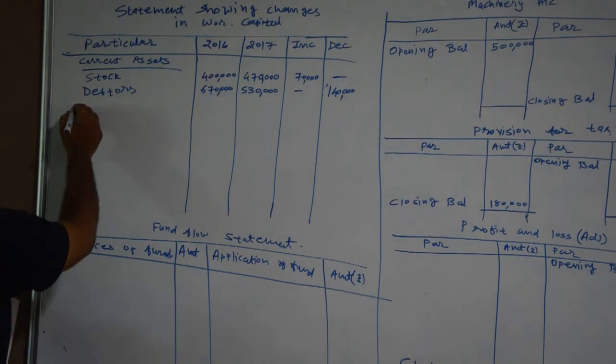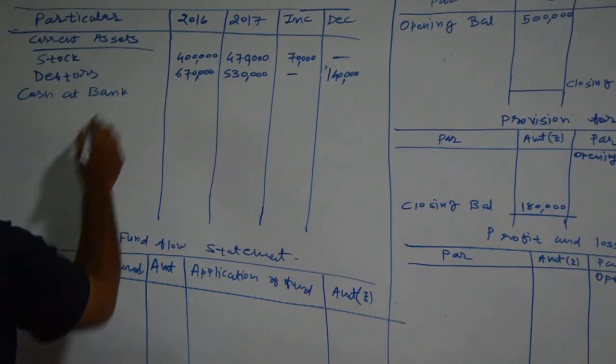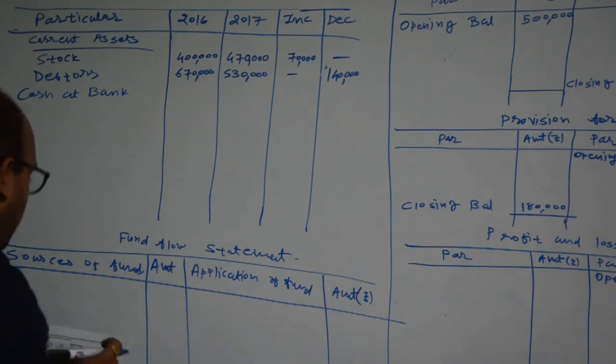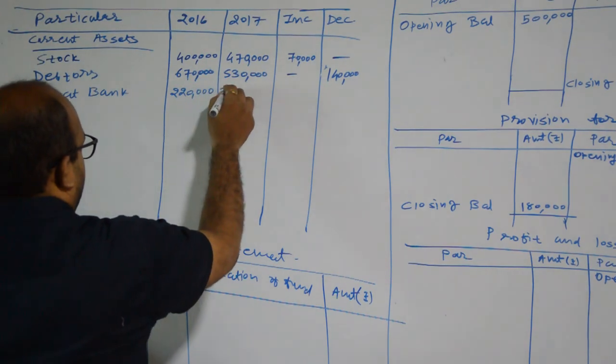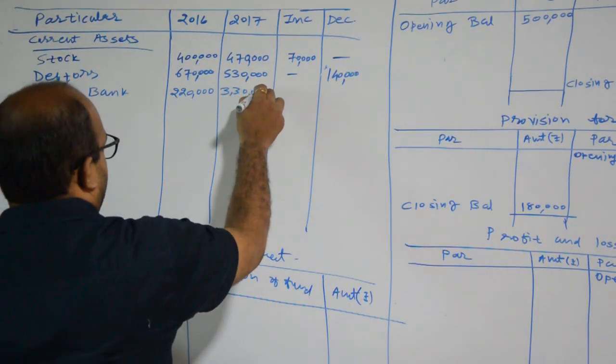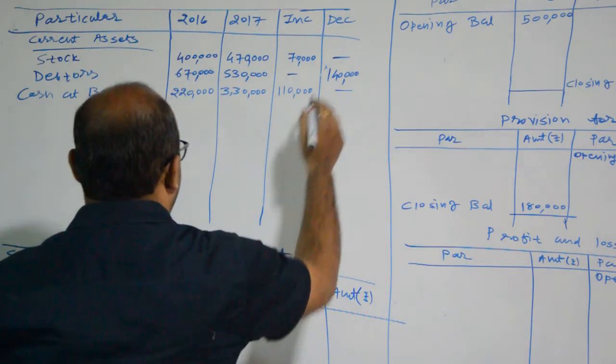Then after, cash and bank, rupees 2,20,000 and 3,30,000. Increase of rupees 1,10,000.